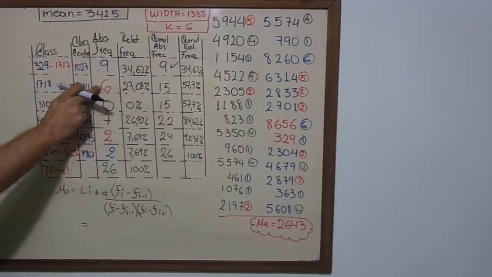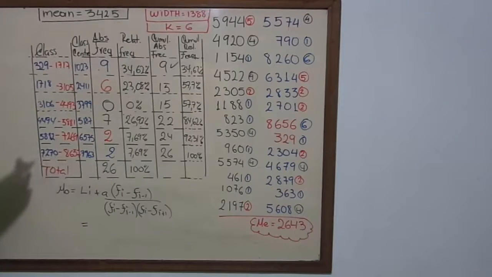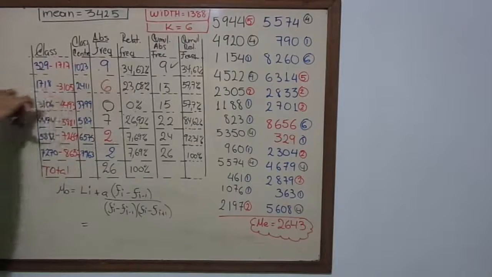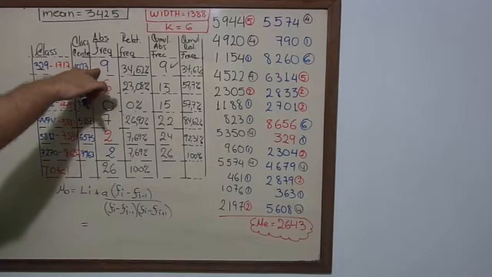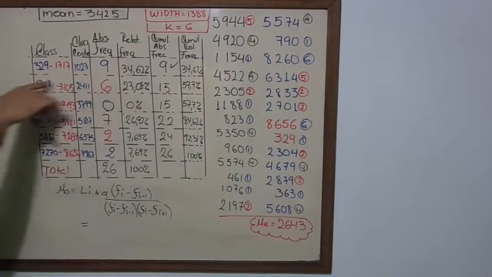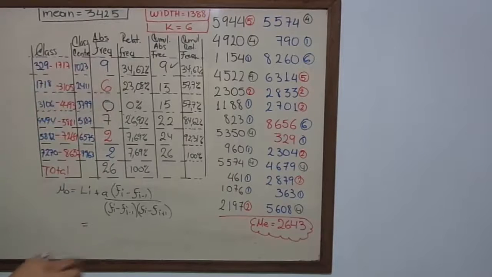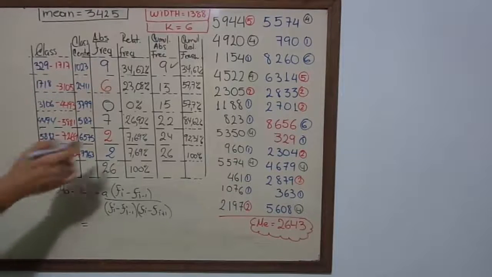And if by any chance this were the class that contains the mode, the frequency before it would be 9, right? But this is not the case here.